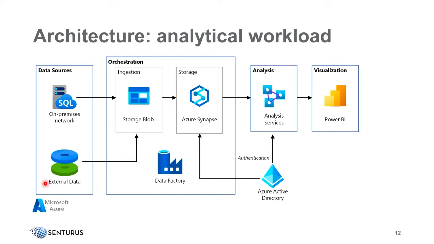And perhaps you have some third-party information, maybe some market research data, maybe some financial information from the stock exchange, for example, maybe some geographical information from your local government with things like zip codes, postal codes, and things like that. So all of this external data and your proprietary on-premises database is then being ingested, is being loaded into now this Azure cloud.